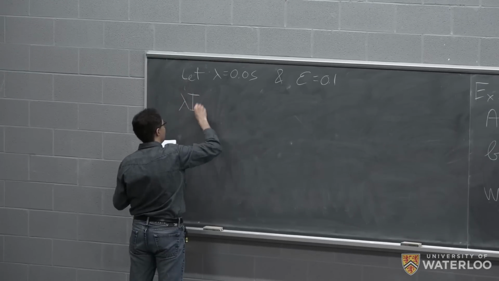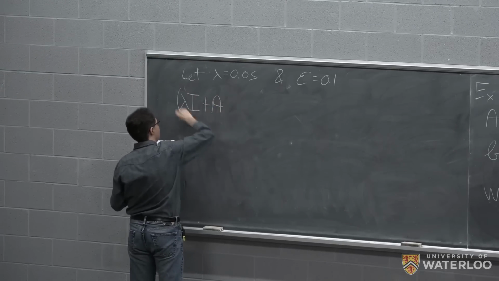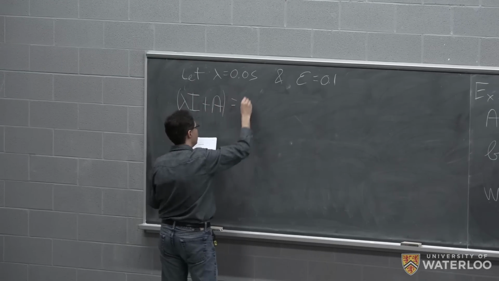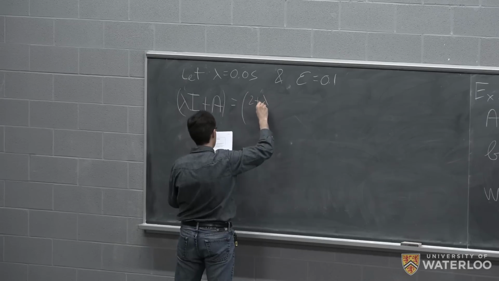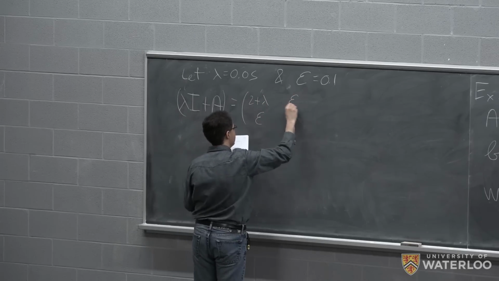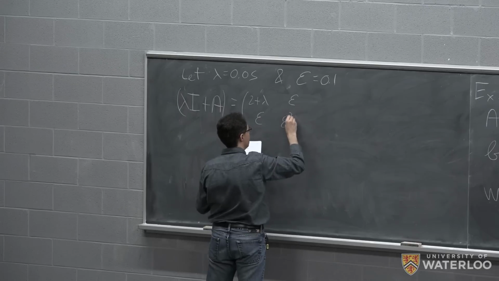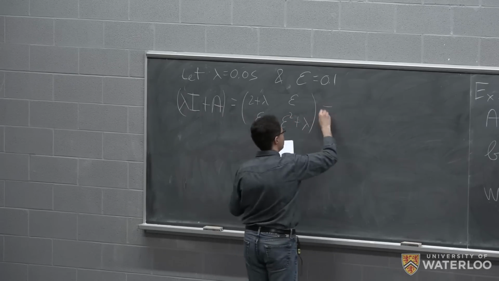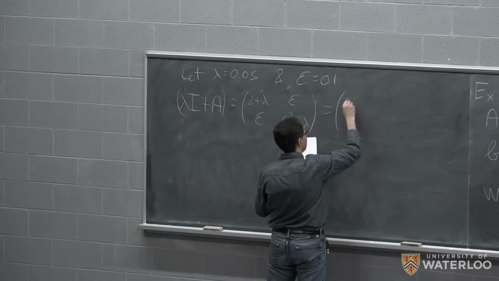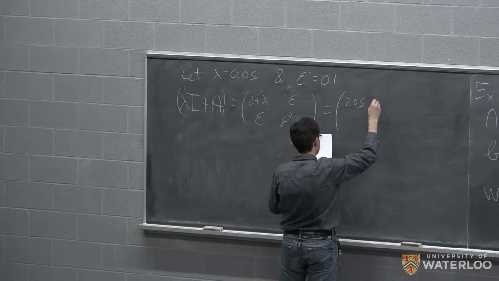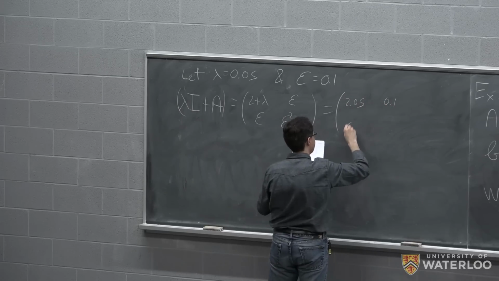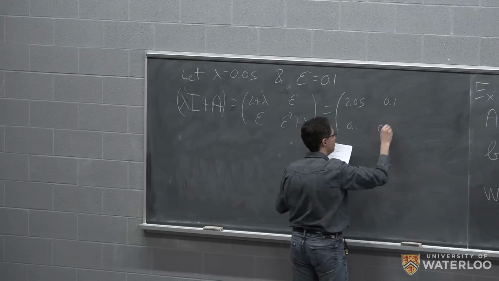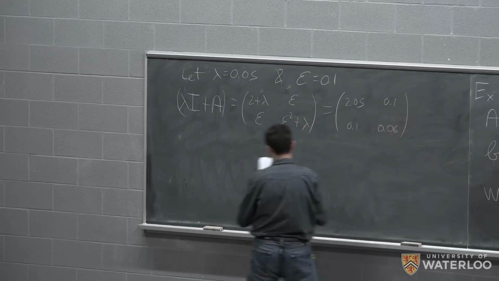When we have lambda I plus A, numerically this is going to be equal to 2 plus lambda, epsilon, epsilon, and epsilon squared plus lambda, which is roughly 2.05, 0.1, 0.1, 0.06.